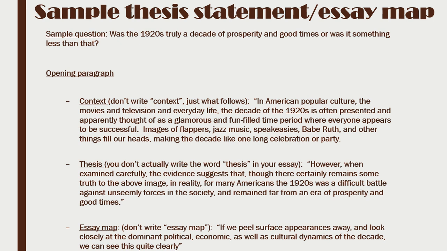And third, in the third argument, cultural dynamics are also something about American culture in the 20s is going to also show that most Americans were far from prosperity and good times. So the map is simple, 3 parts, 3 arguments: political, economic, cultural. And note, these are all separate spheres of American life and society.